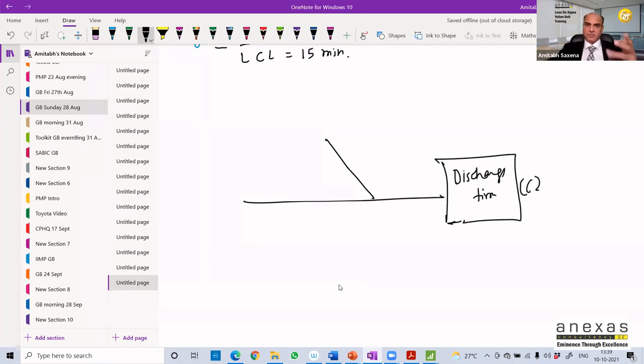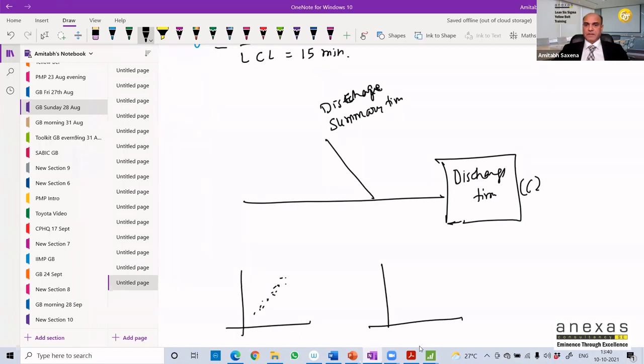And I looked at, let's say, two continuous data, discharge summary time. I made a scatter plot. And here, another one was, I think, pharmacy time. I found that there is no relation.